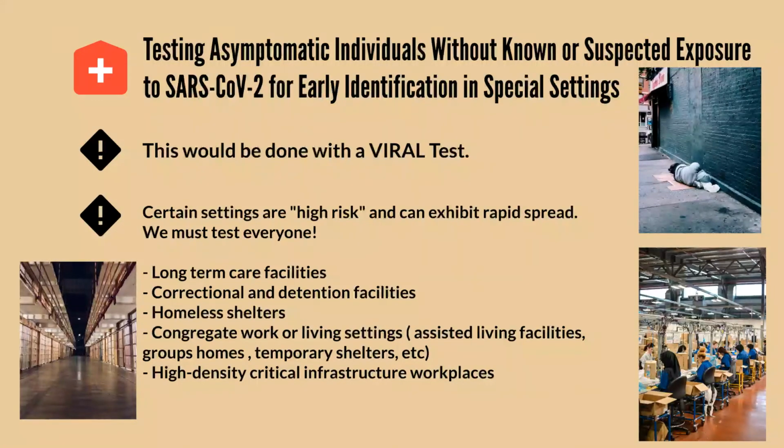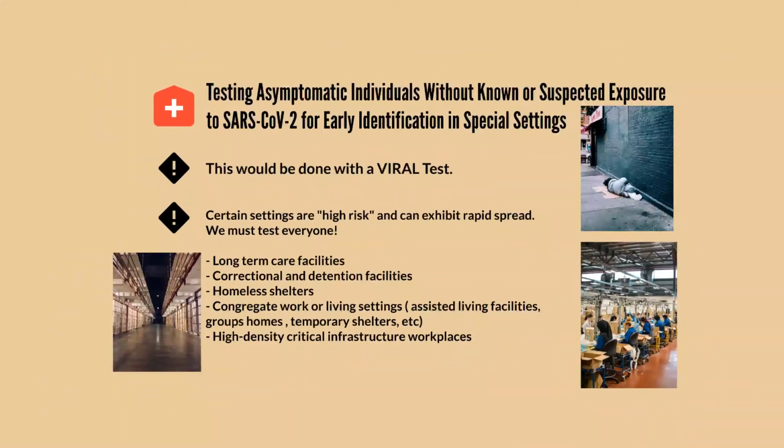This would be done with the viral tests, and those special settings are long-term care facilities, homeless shelters, congregate worker living settings, anywhere where you have those high-risk situations where this virus can spread rapidly. Prison. So you might get tested even though you have no symptoms and you have no exposure, just to be safe in these settings.